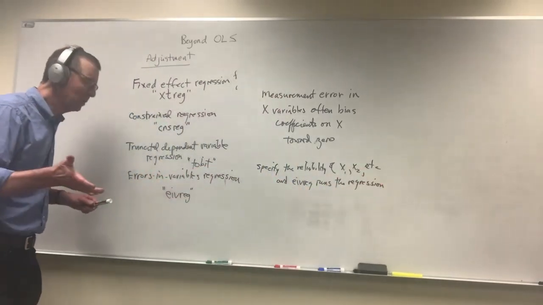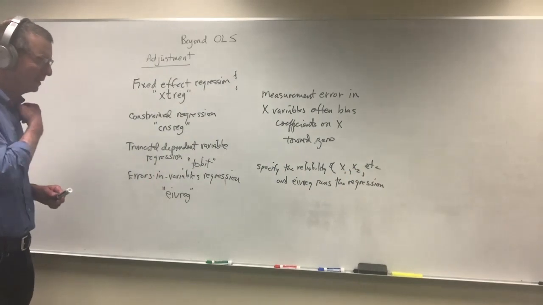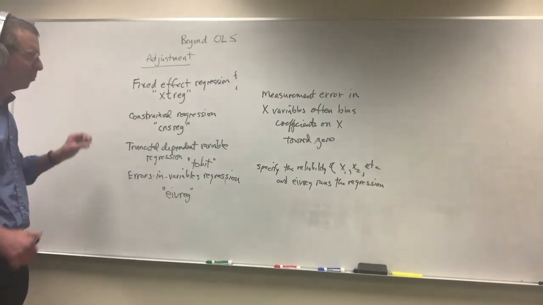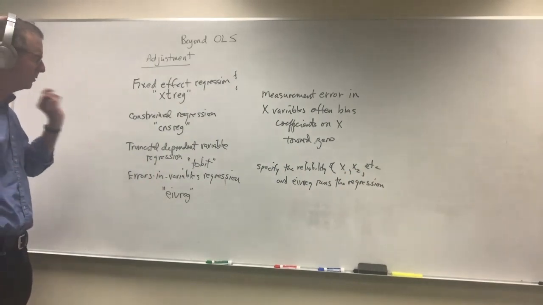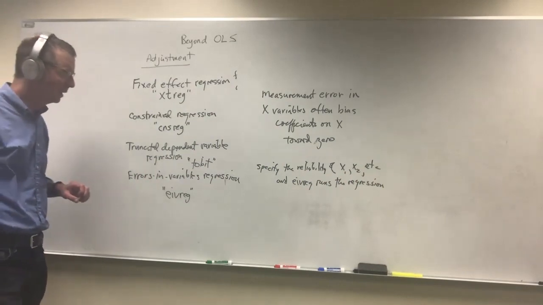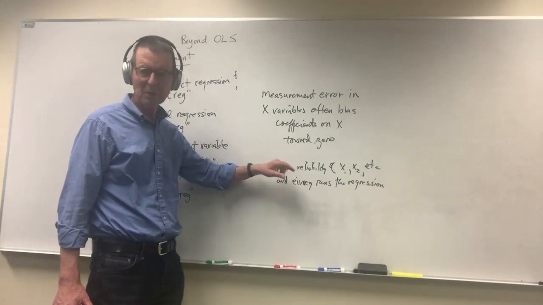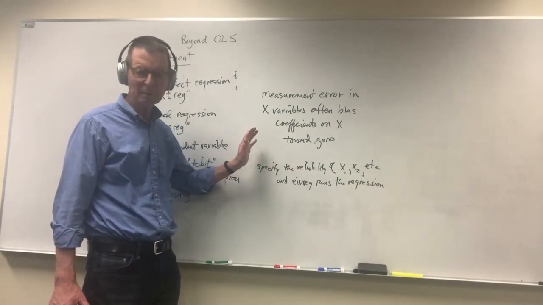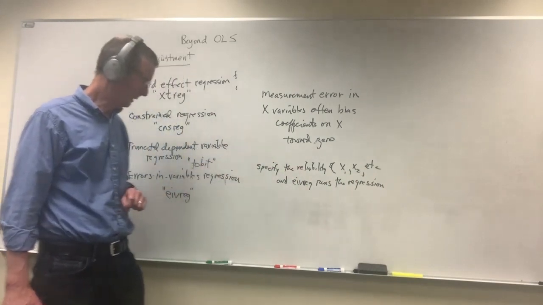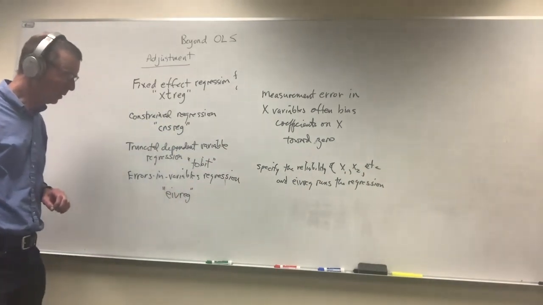So you haven't worried about this up until now, right? Up until now, when you just run your regular regression, you're implicitly assuming that all of your X variables are measured with no error whatsoever, right? And the coefficients are being delivered to you under that assumption.